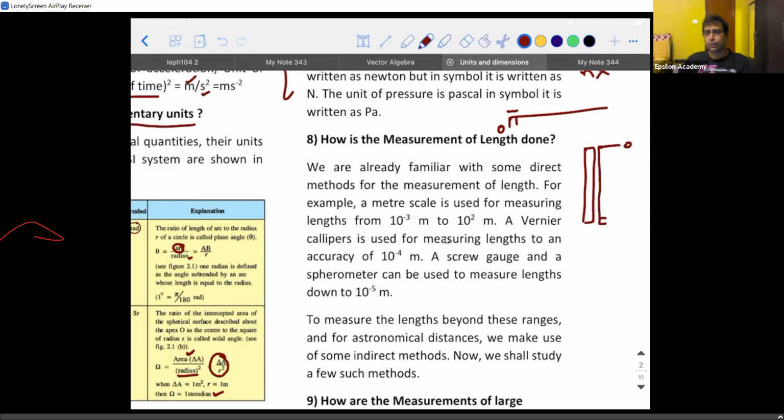So if it is exactly falling at either of the millimeter points, your answer is going to be right. Let's say you have a 30 centimeter ruler. If you report the answer as 15.2, or let me make it like this, 10.2 centimeter, do you think your answer is accurate?